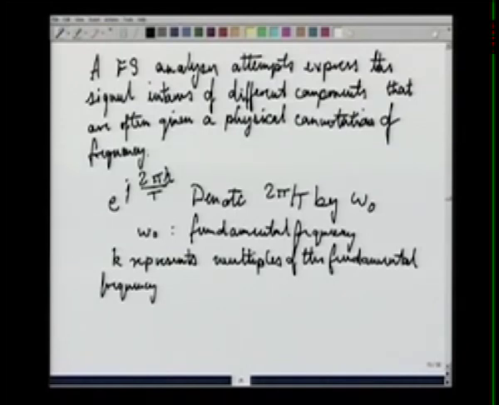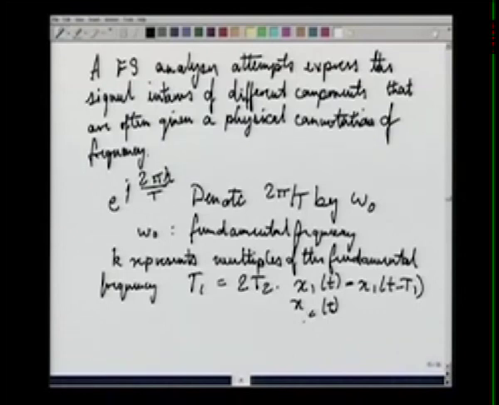So, let us say T 1 equals 2 T 2, and we are concerned with x 1 of t equal to x 1 of t minus T 1, x 2 of t equal to x 2 of t minus T 2. Suppose we have T 1 and T 2 given in this format.